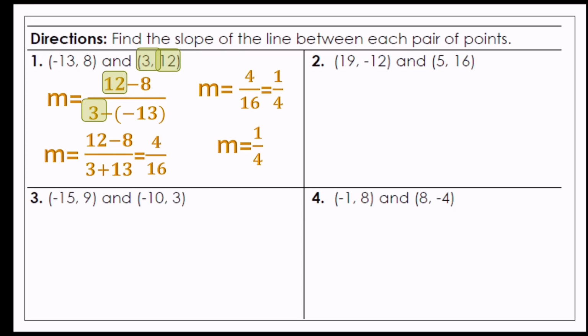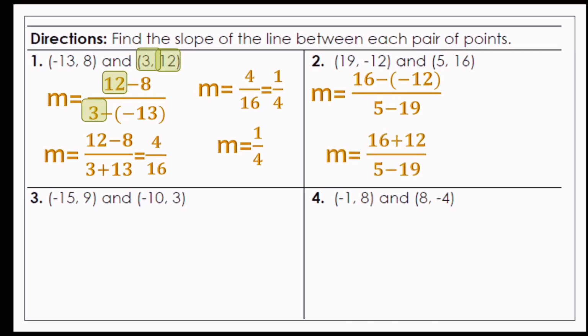So let's look at number 2. I set up my formula. Notice this time I have minus a negative on top. Doesn't make a difference. Let's rewrite it with one sign. So 16 plus 12 is 28. 5 minus 19 is negative 14. But I can simplify there.